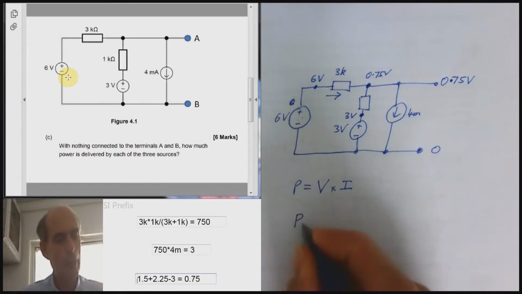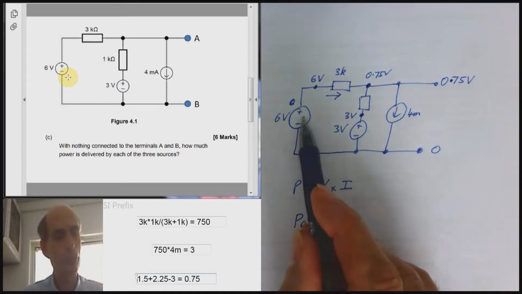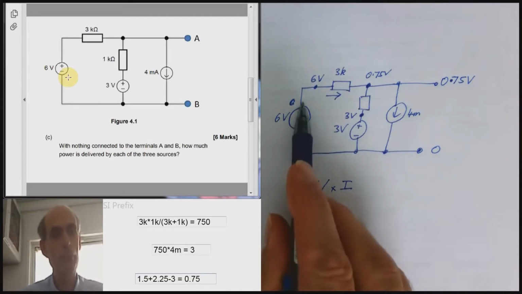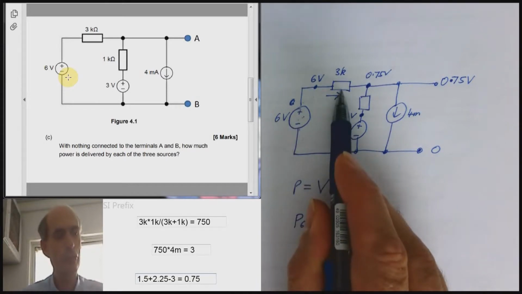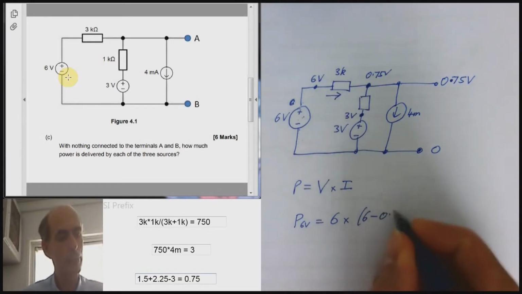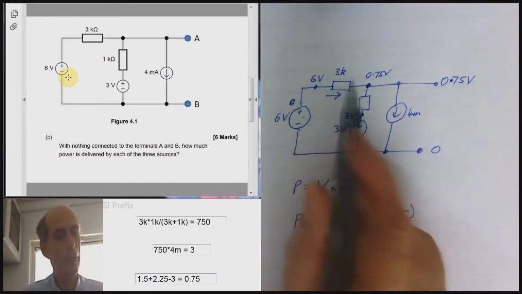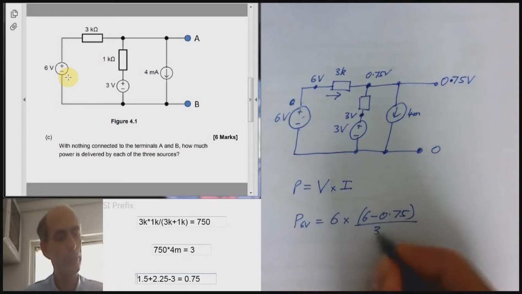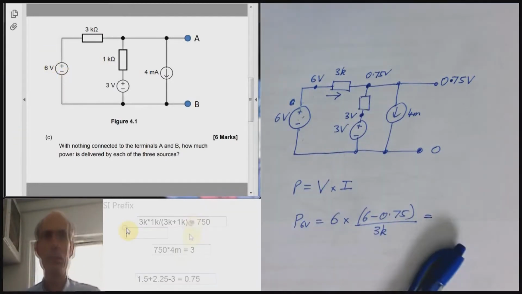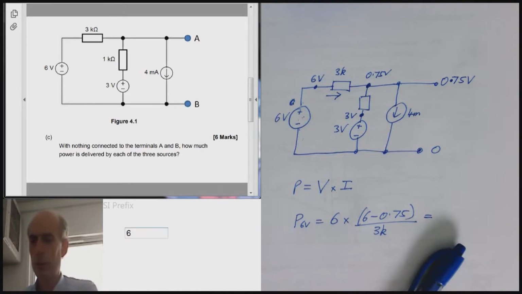I'll call that P 6 volts. The voltage across the source is 6. The current flowing through the source is the current flowing through this resistor, which is the voltage across this resistor, divided by the value of the resistor. And that is 6 times (6 minus 0.75) divided by 3K.